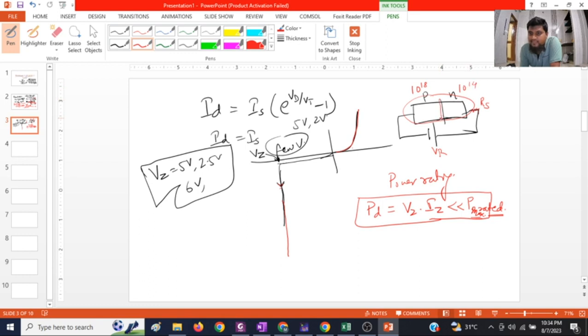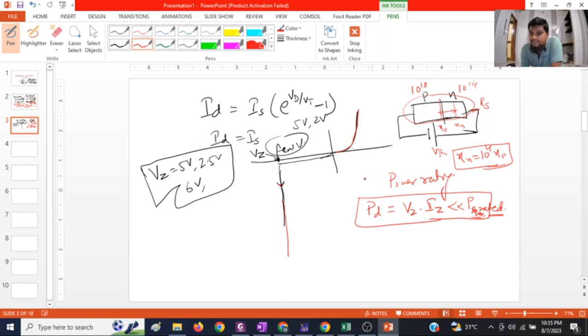Then the width xp will be very small. However, xn will be equal to 10 to the power 4 times xp, for charge neutrality, as I have discussed in the class. So xn has to be 10 to the 4 times xp, and this will be quite high, even if one of the junctions is lightly doped.